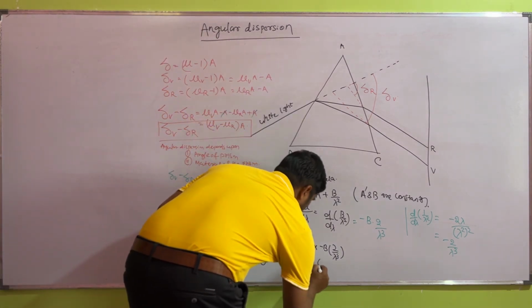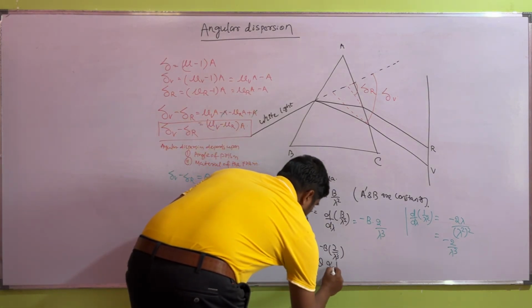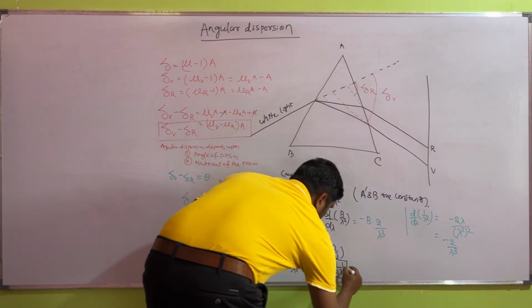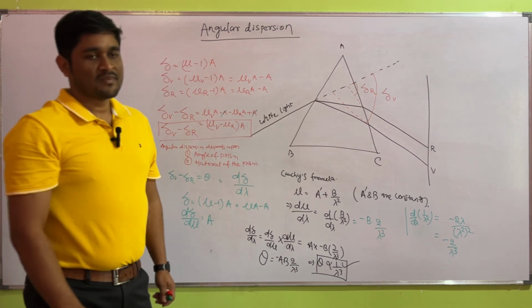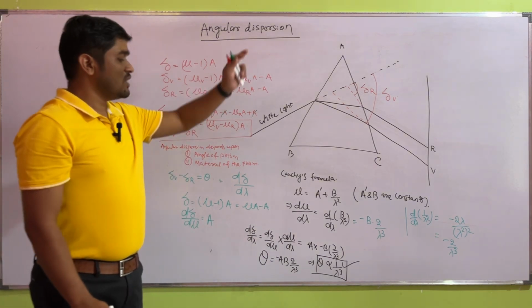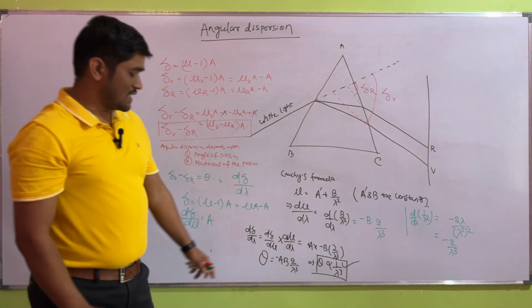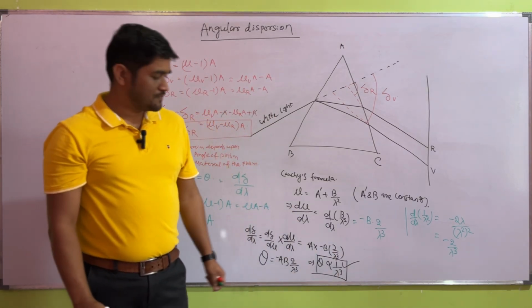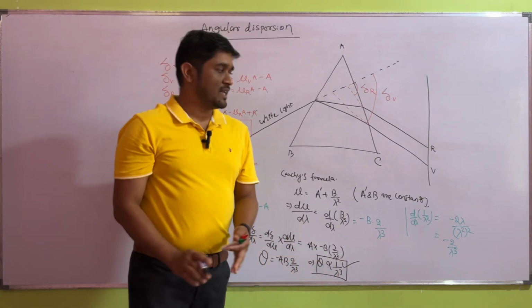That implies theta is inversely proportional to lambda cube. What is theta? Angular dispersion. The angular dispersion is inversely proportional to the cube of wavelength.